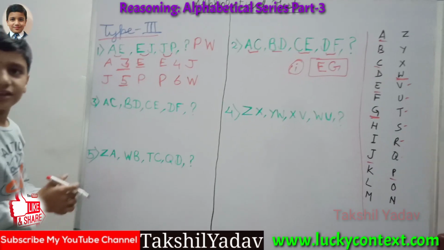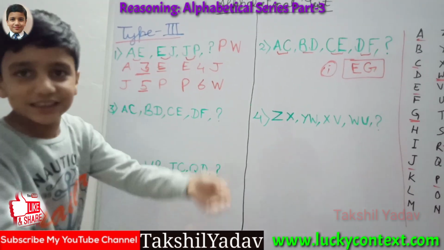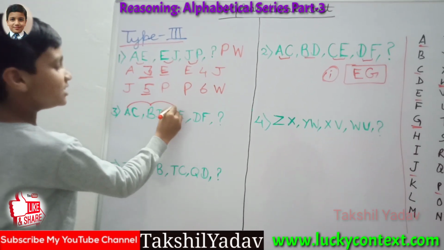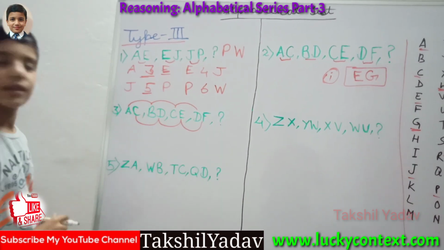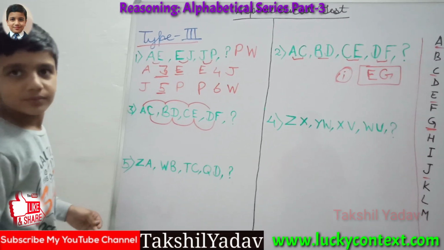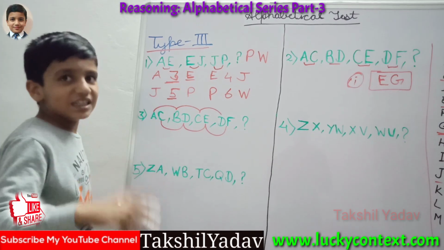Here we are going to take the first letters and the second letters relationship. Here A and C, B and D, C and E, D and F. So what do we notice? We notice that in the first letters, the letters are increasing by 1.